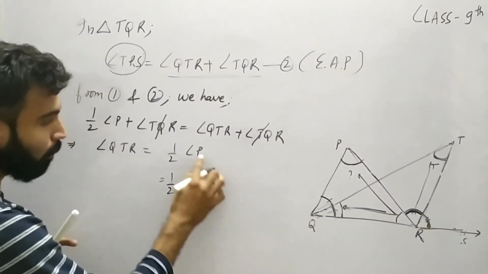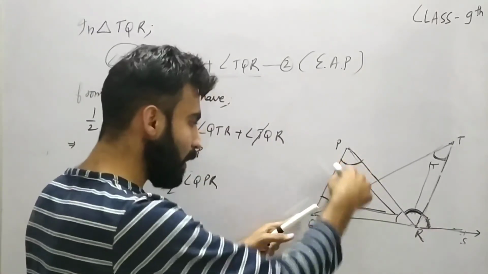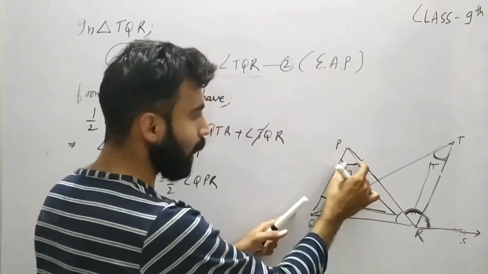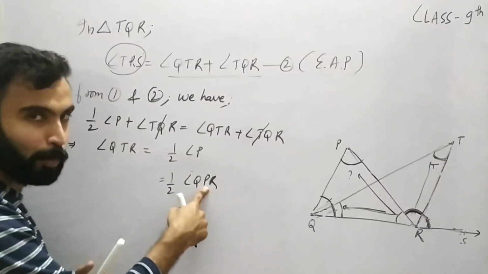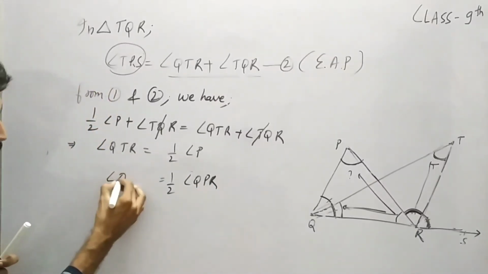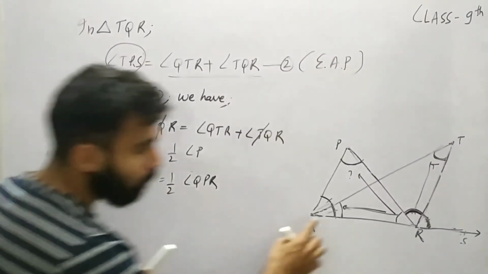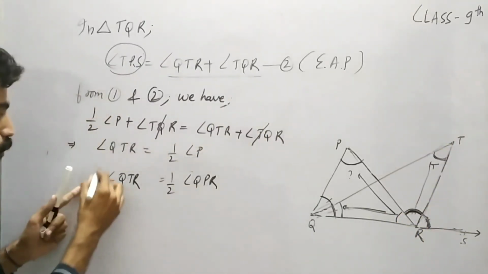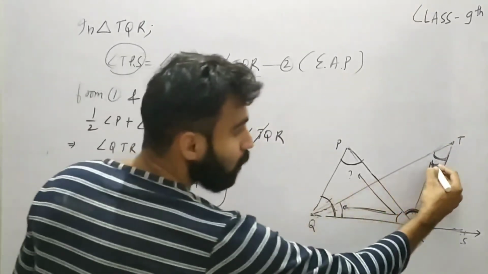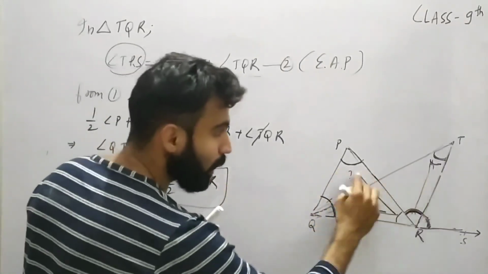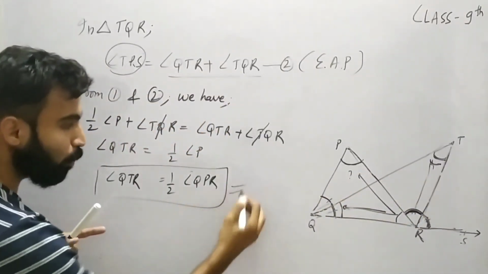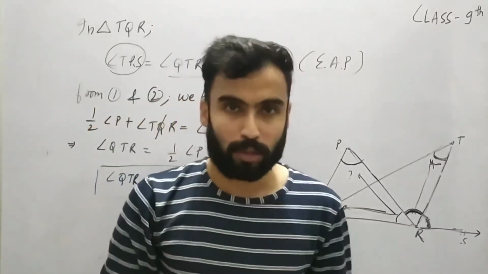That will make no change, because you can write it as angle P or angle QPR, since the angle is forming at P, right? So angle QTR will be as it is. This was what we have to prove, that this angle is equal to half of this angle QPR, right? You're getting my point? We have reached that solution, right?